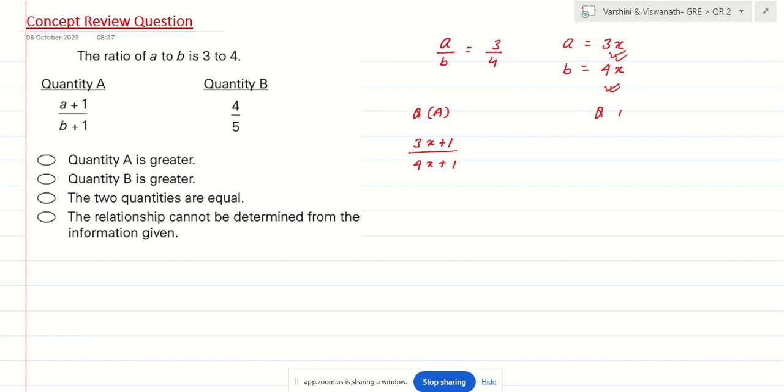And the quantity b is given here as 4/5. So that all depends on the value of x now. The moment you change the value, you'll get different fractions. Hence option D is my answer: cannot be determined. Good, very good.